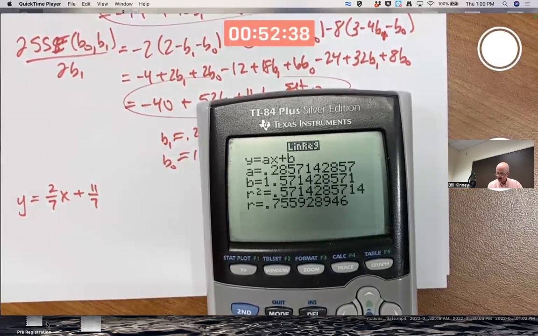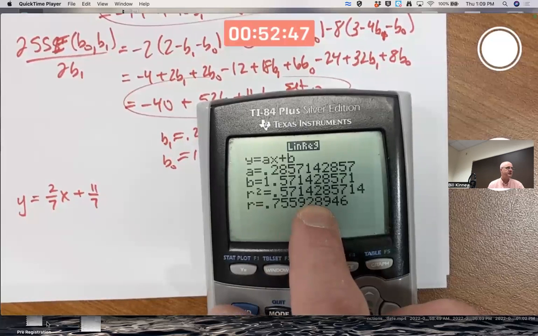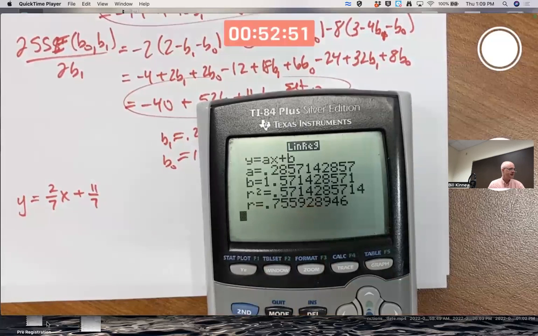What's R squared and R? R is called the correlation coefficient. R squared is its square. It also has a name called the coefficient of determination. I'm not going to get into what those mean at the moment.